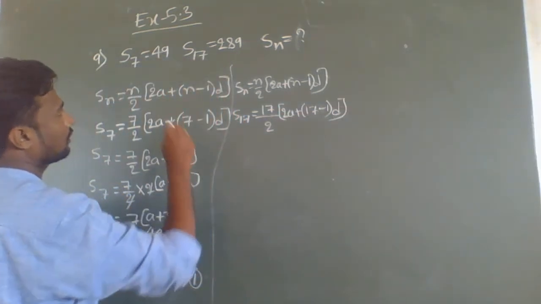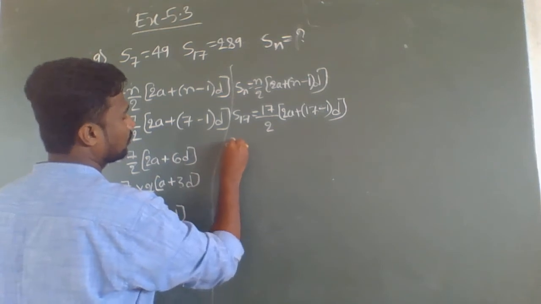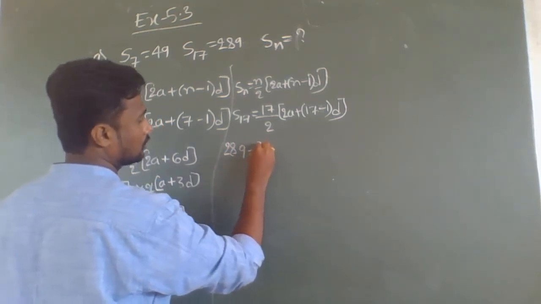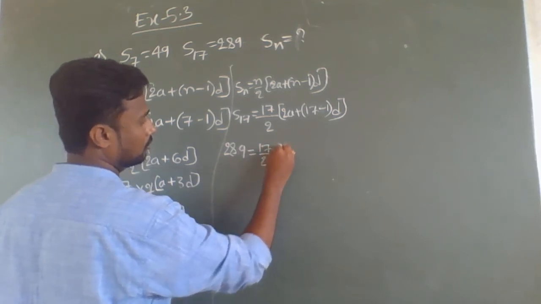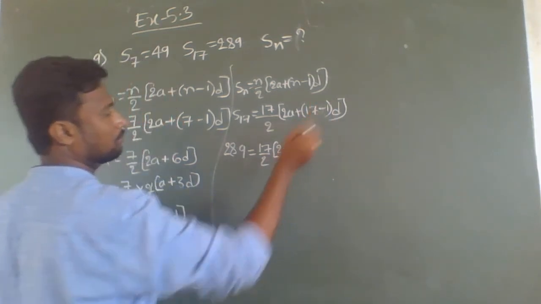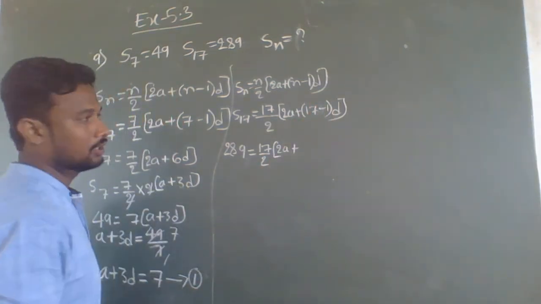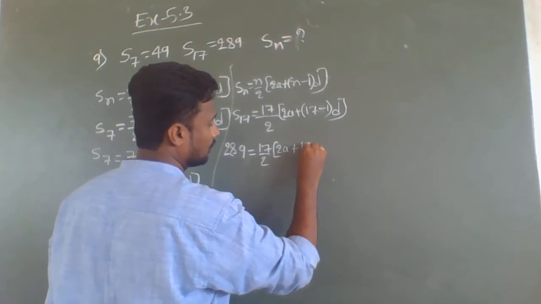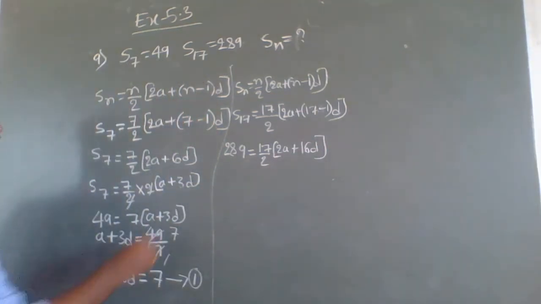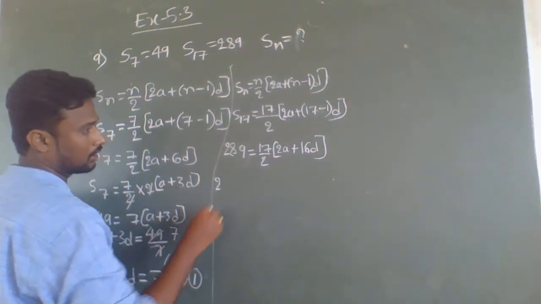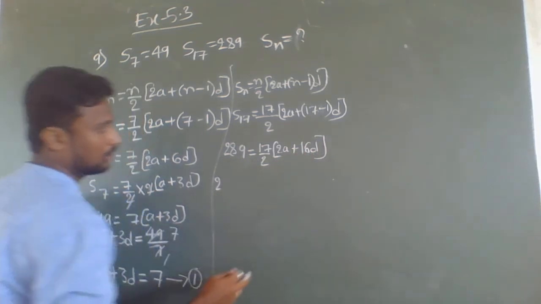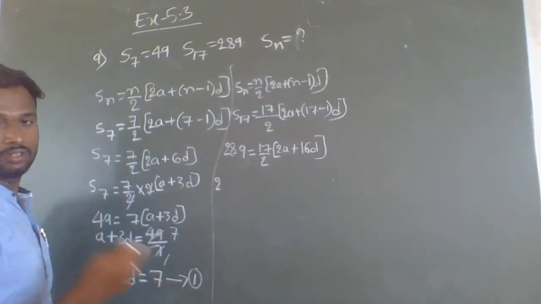Here the S17 value is 289, which is equal to 17 divided by 2 into bracket 2a plus 17 minus 1, which means 16, and 16 into d means 16d. Now in the next step, in the bracket 2a plus 16d, I can take 2 as common.